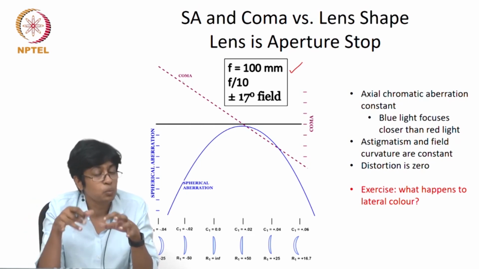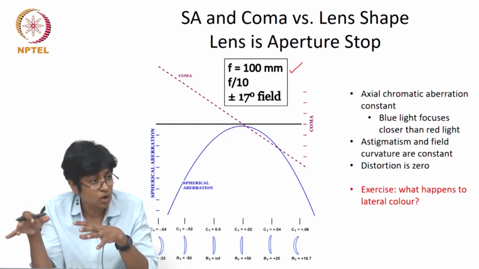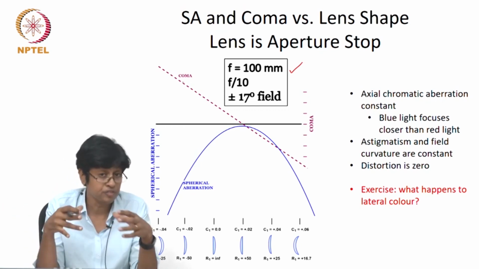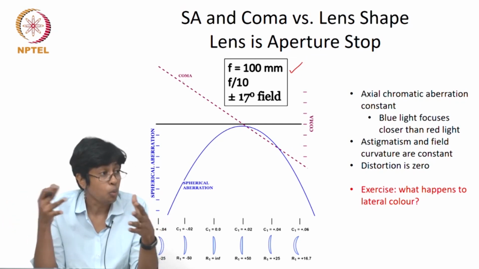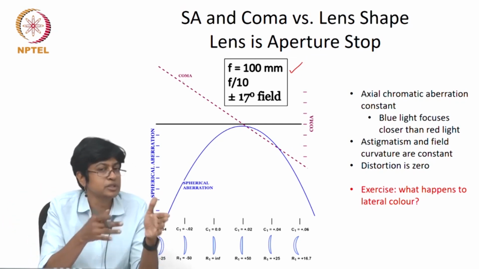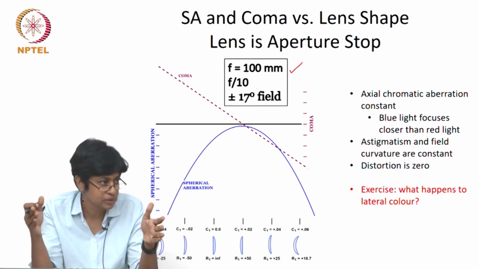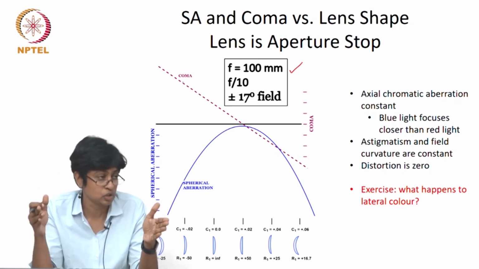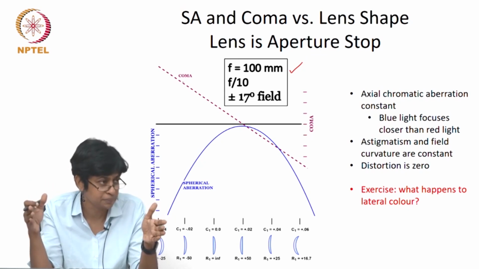So now if I want to play around with the aperture stop and find out its effect on aberrations, or if it has an effect on aberrations, what I'll do is now separate the aperture stop from the lens. So I will add an aperture stop to the lens and will vary one parameter of the aperture stop. I'm not going to vary the size of the aperture stop.